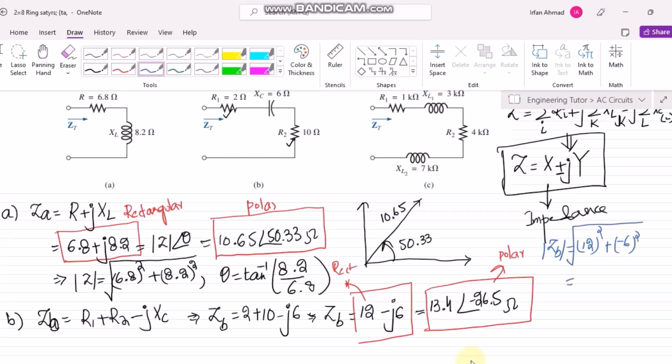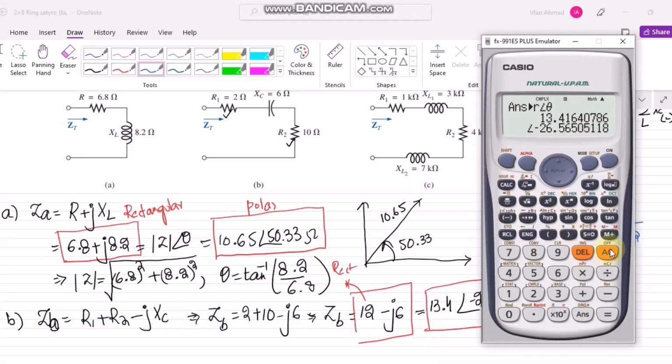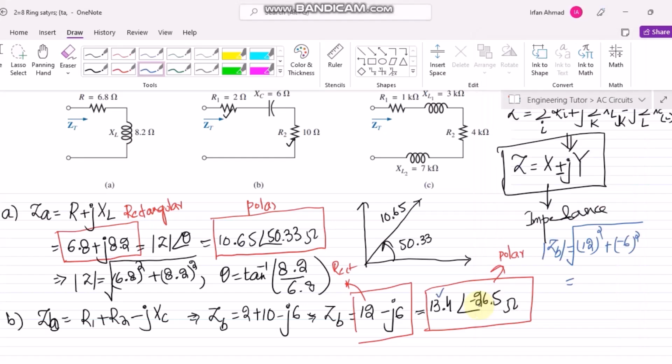Now calculating it, 12 square plus 6 square, the value is 180, and calculating its square root, square root of 180, that would be 13.4, and that is exactly the value which we have calculated for the magnitude.